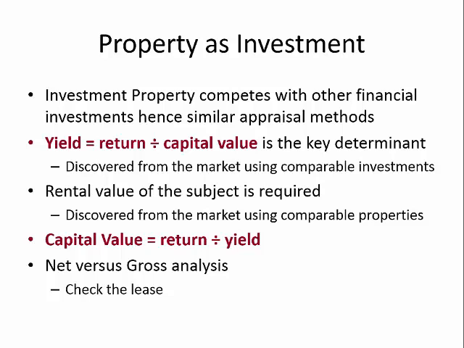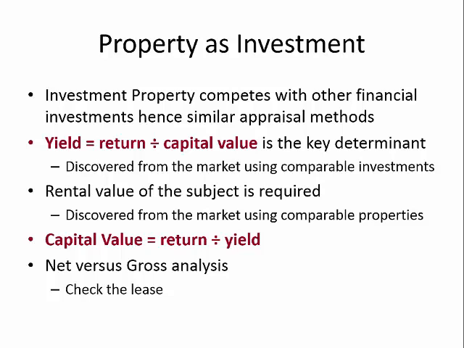And so yield already is an attractive comparator of investment value. And so by using yield, we find that we're able to more readily understand property as an investment object.